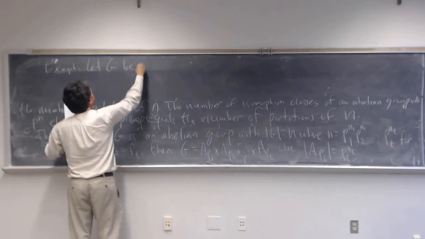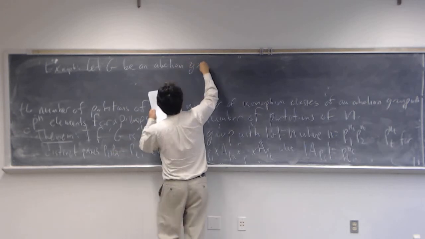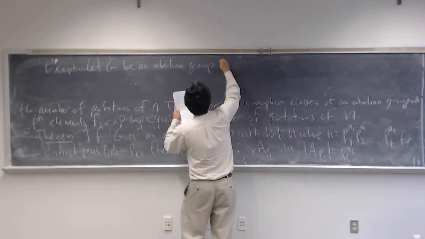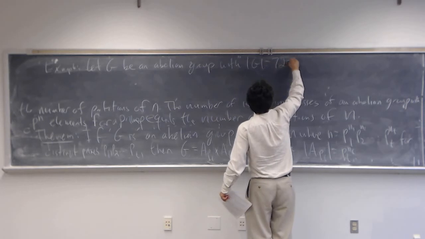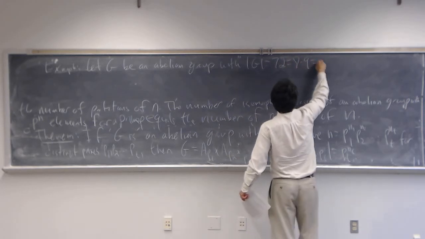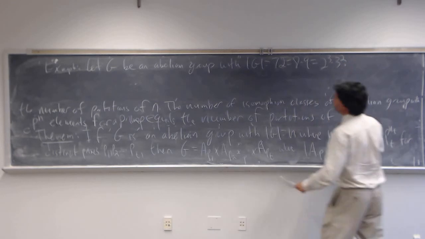Let G be an abelian group with 72 elements, which is 8 times 9, which is 2 cubed times 3 squared.